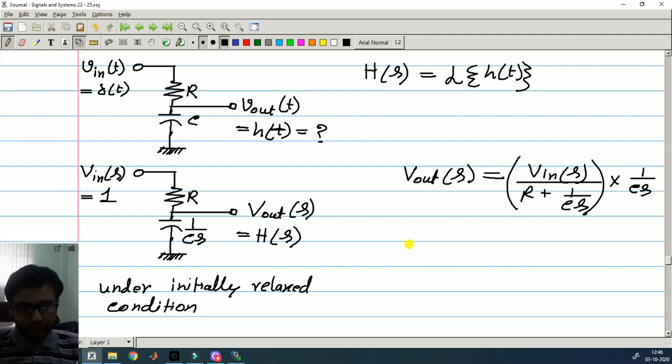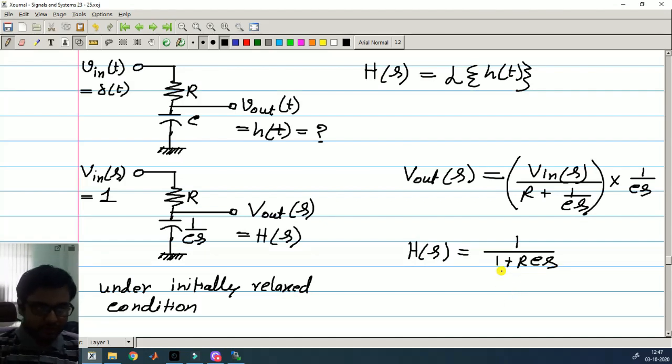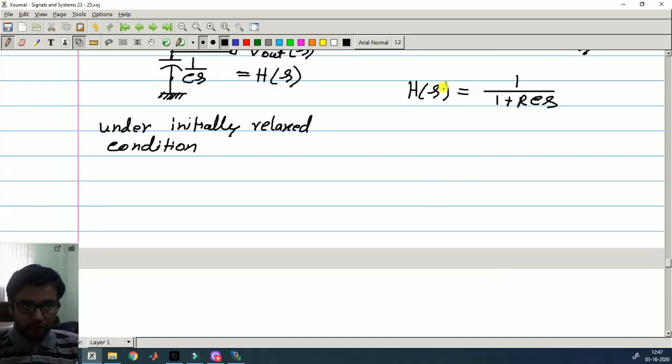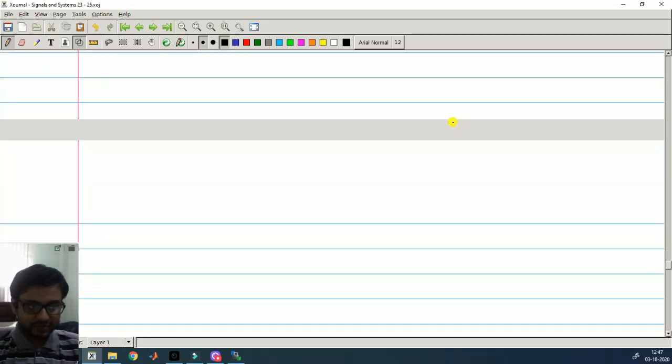So Hs is equal to, let me simplify this, we will get 1 divided by 1 plus RCs. So this is the transfer function. Now we will try to plot the frequency response of this transfer function.